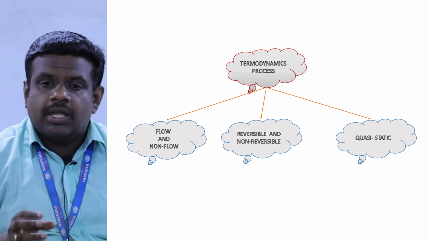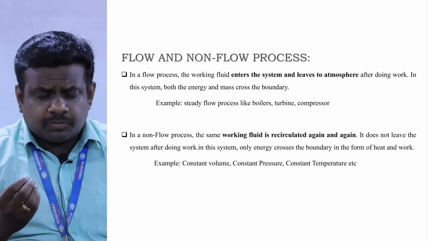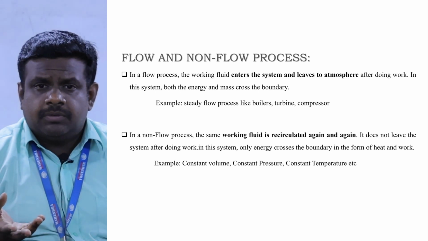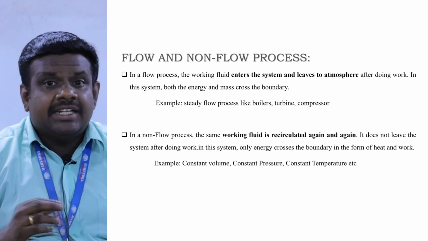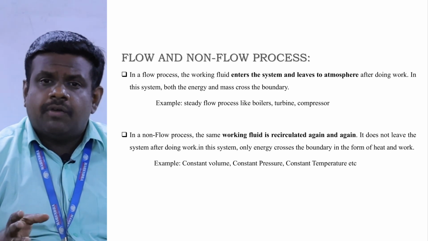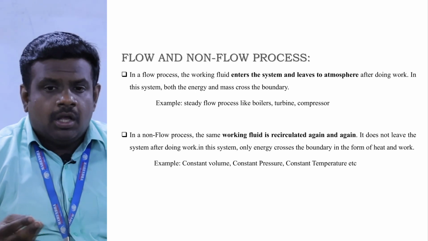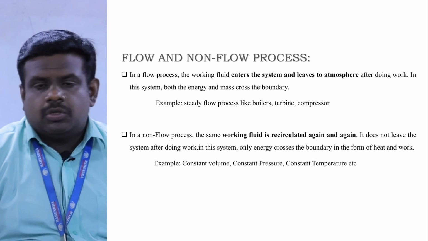In the system, both energy and mass cross the boundaries. Examples are turbine and compressor. Whereas in the non-flow process, the same working fluid is recirculated again and again. It does not leave the system after doing the work. For example, the constant volume process, constant pressure process, and constant temperature process.